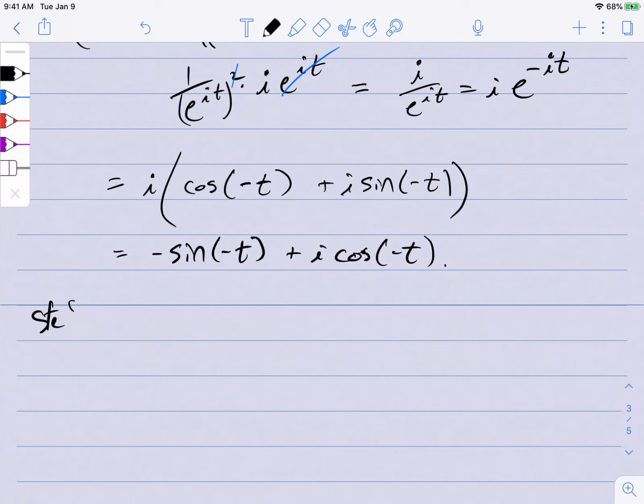And then step 4 is integrate what you got above. And remember, we're integrating the real and imaginary parts separately.